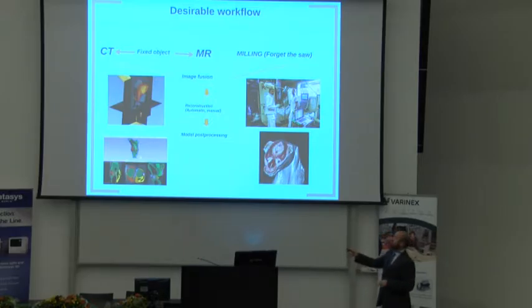So first it is put in the CT, then the MRI, and then it's deep frozen to minus 80 degrees Celsius, and then we do the milling of the object, then we take the pictures, and at the end we do the image fusion among all these modalities, and then we do the reconstruction of our images.